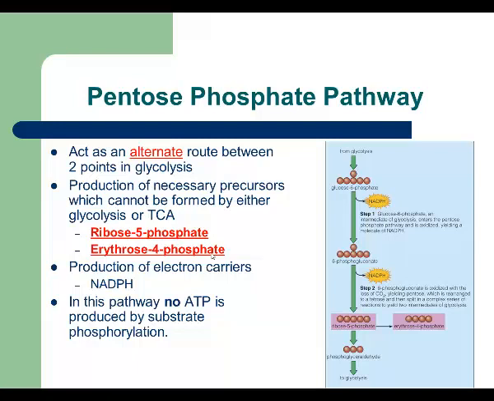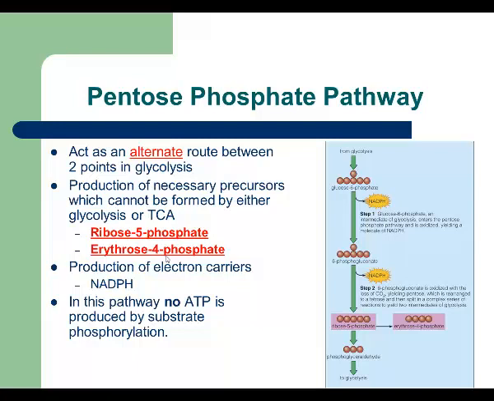So, as I said, glucose again will be used as a substrate by pentose phosphate pathway. And then, as a result of a chain of biochemical reactions, two metabolites will be formed, ribose 5-phosphate and erythrose 4-phosphate.